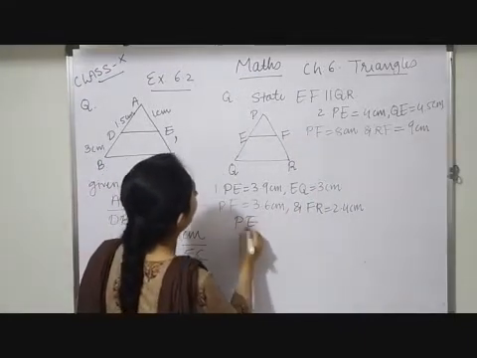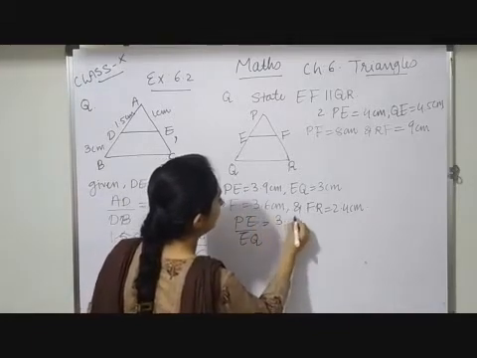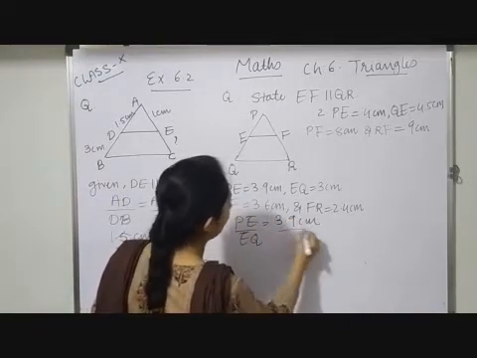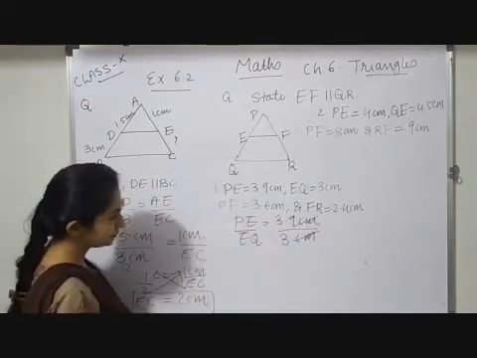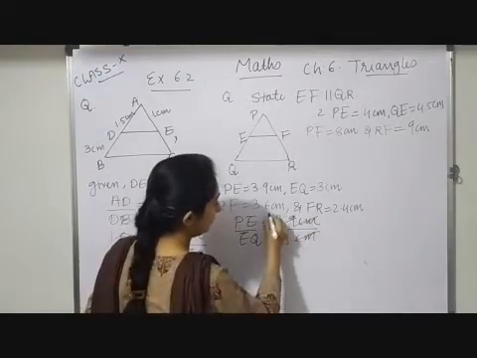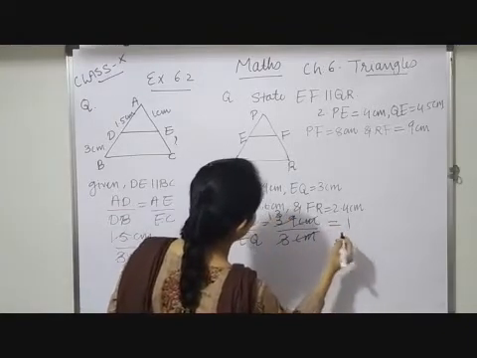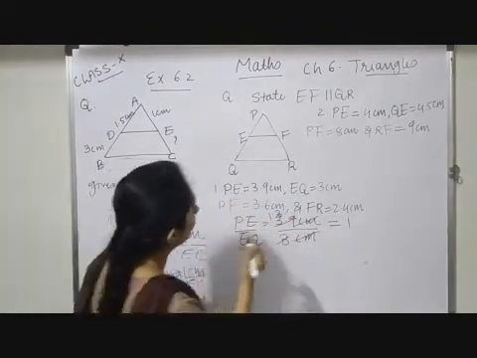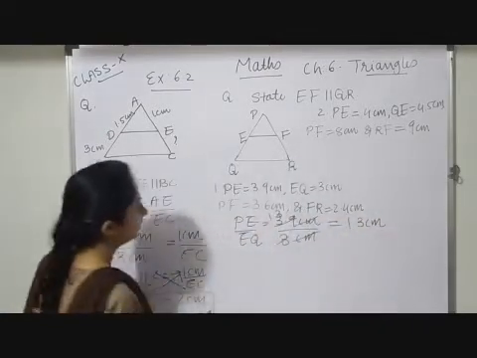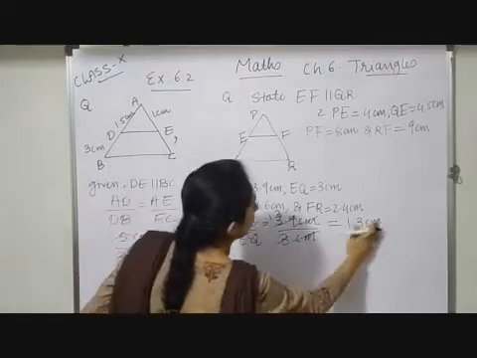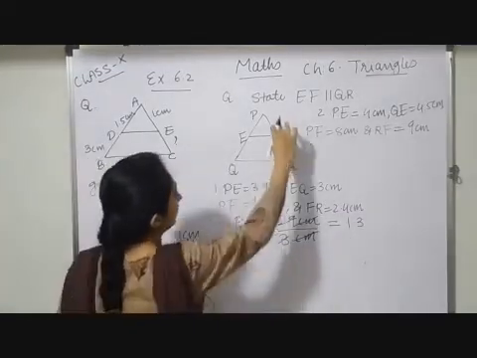So PE upon EQ, first of all I will find. PE is 3.9 centimeter and EQ is given as 3 centimeter. Centimeter cancels out, so the ratio you are getting is 1.3.